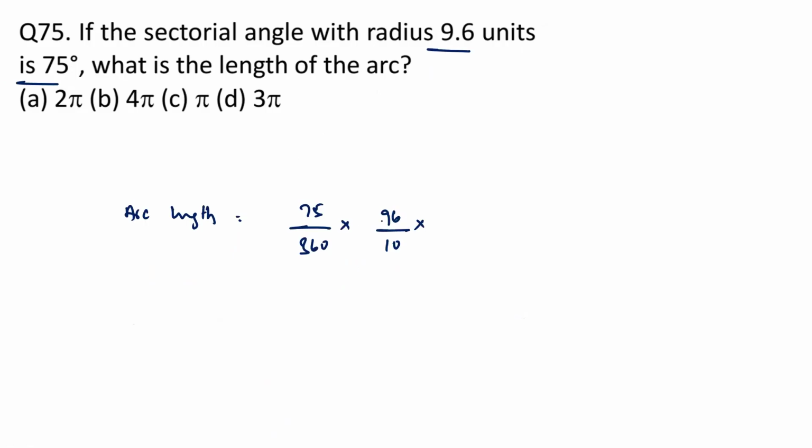Now you can try to cancel it. First you can cancel in the 5 table, 5 15s, 5 2s, 2 2s also you can cancel. Then after 15 table, 15 ones, 15 24s, 24 ones, 24 fours. So what is left? 4 pi is left. That is the answer.